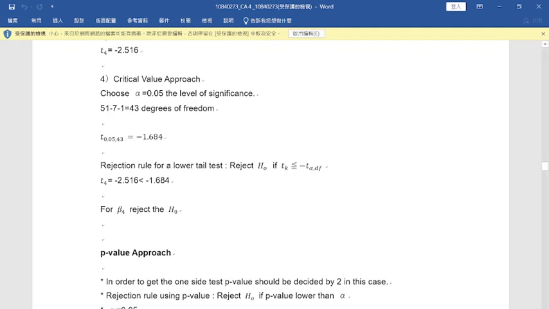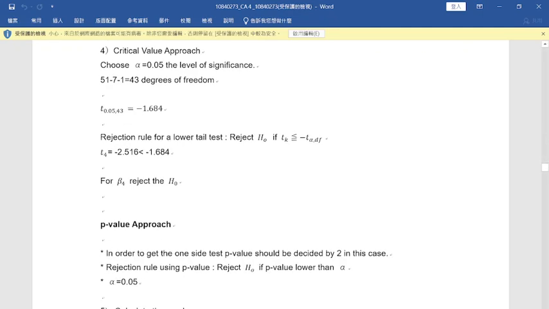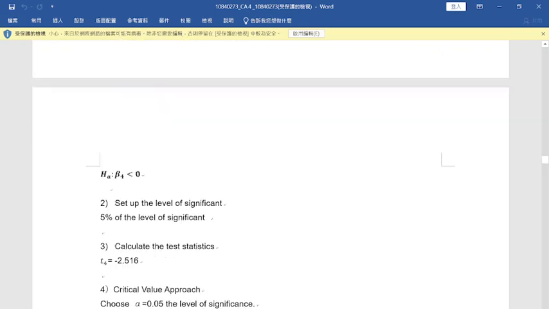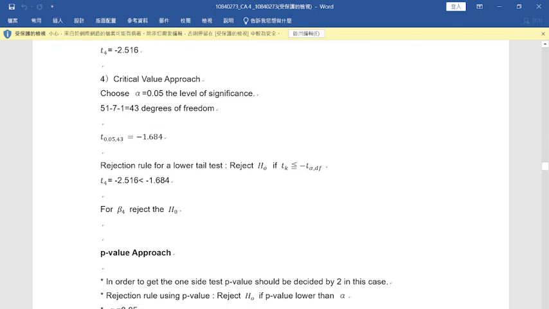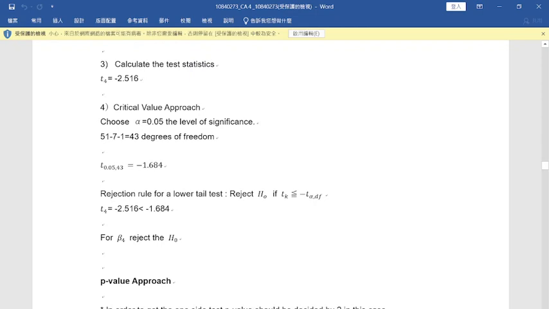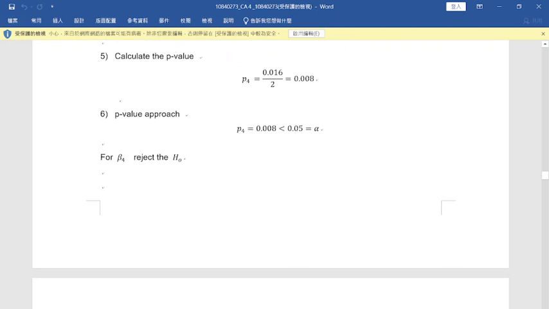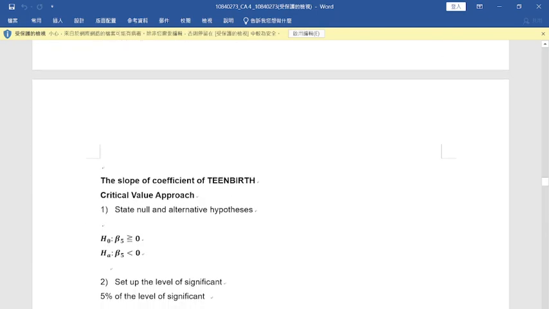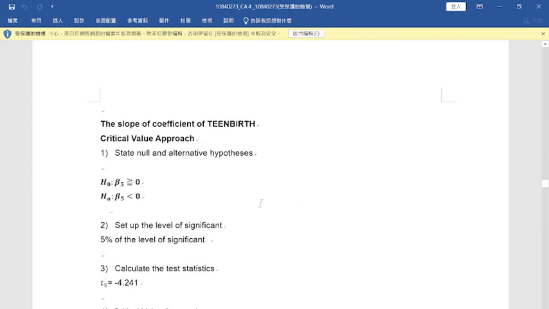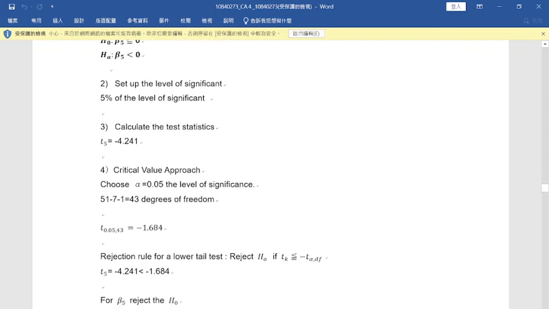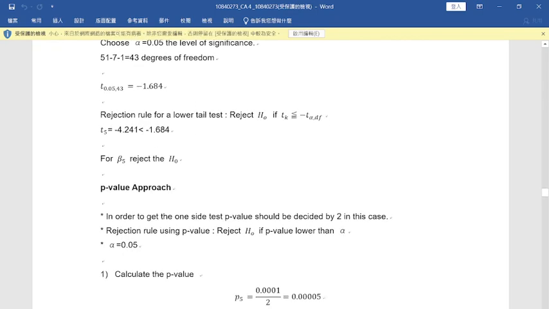For this one, which is the opposite, we ignore it. We reject the hypothesis. And for team burst, we expected a negative relationship, and yes, we reject the hypothesis as well.